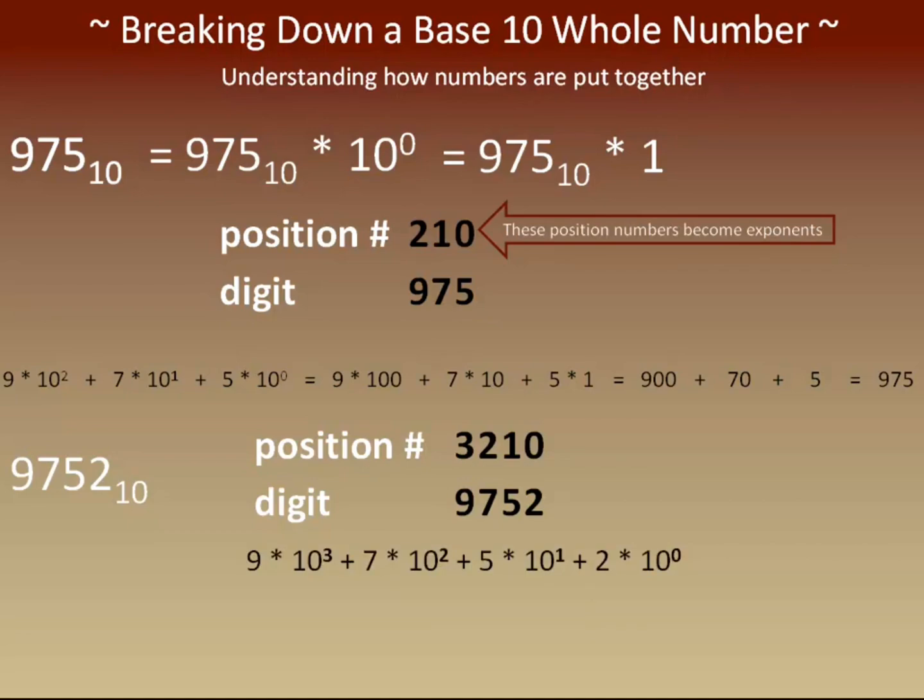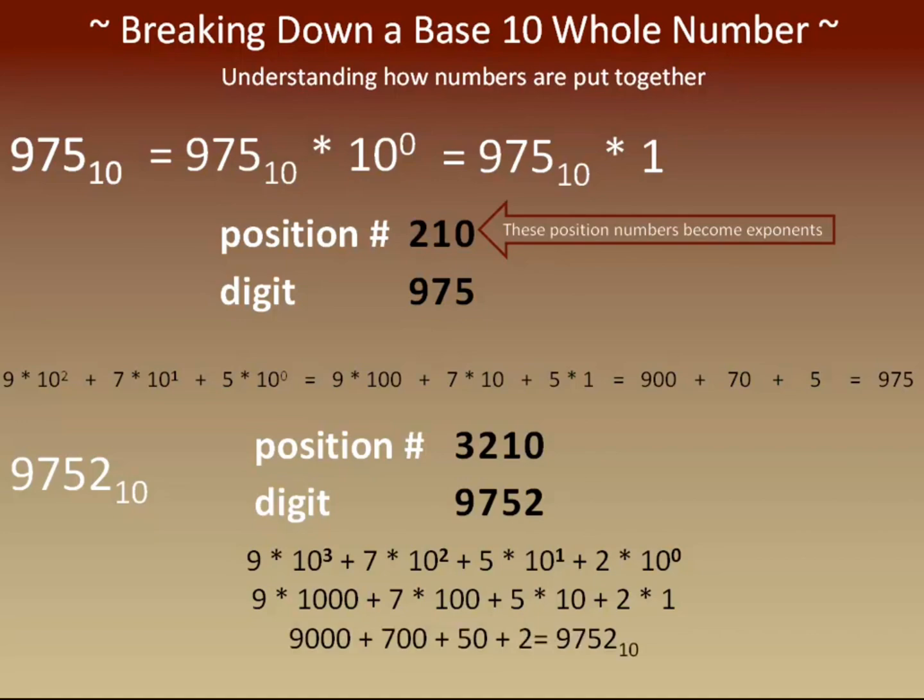Here you can see we have 9 times 10 to the third power, which is the position number for the 9, plus 7 times 10 to the second, plus 5 times 10 to the first, plus 2 times 10 to the 0, which is the same as 9 times 1,000, plus 7 times 100, plus 5 times 10, plus 2 times 1, which is the same as 9,000 plus 700 plus 50 plus 2.